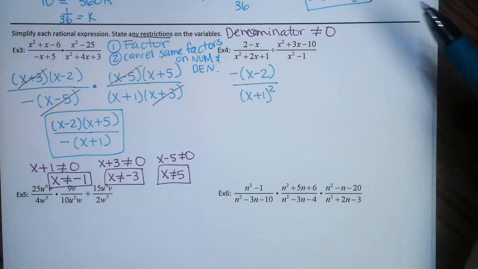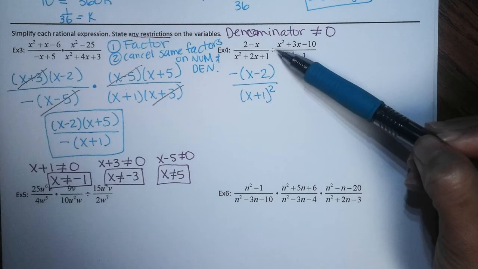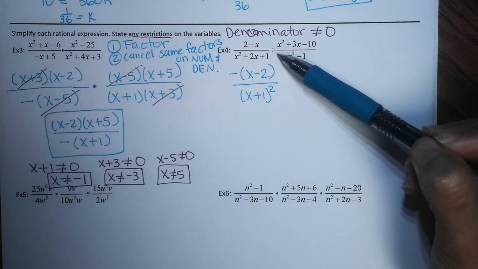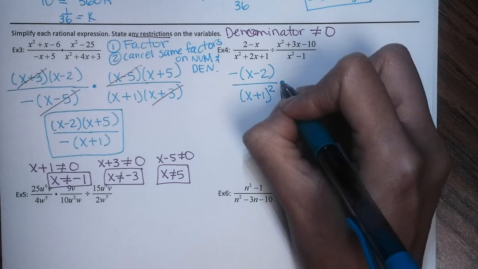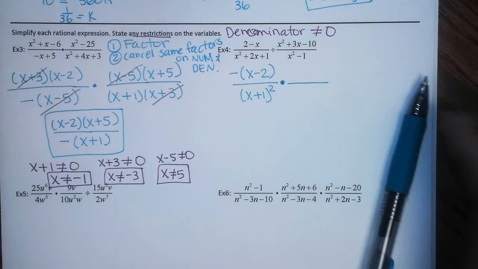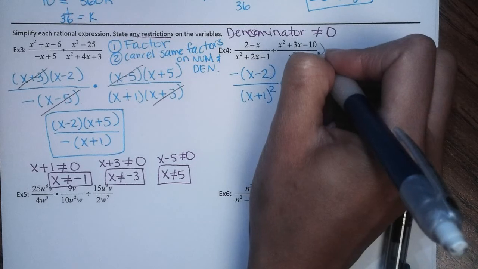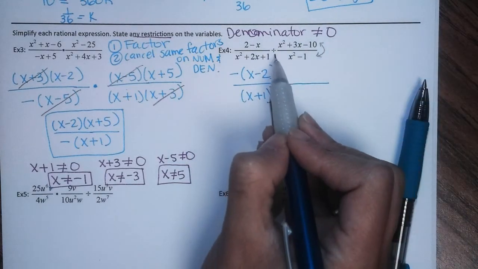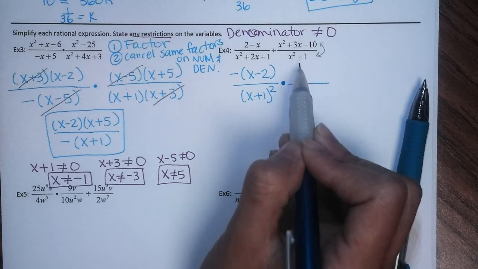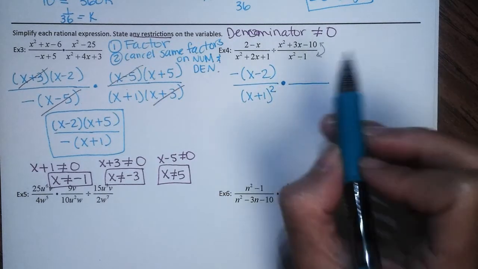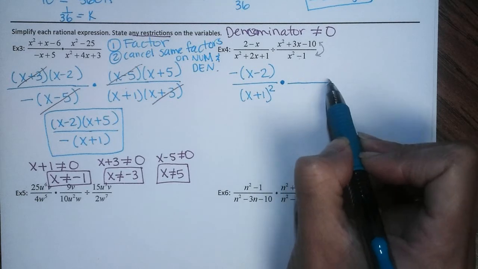Okay, now here's one thing. Because this is a division sign, we're going to change that division sign to a multiplication symbol. And if I do that, I just need to switch my numerator with my denominator here. So I'm changing the division symbol to a multiplication symbol, and I'm going to flip my fraction. So that means that x squared minus 1 will go on the top here.